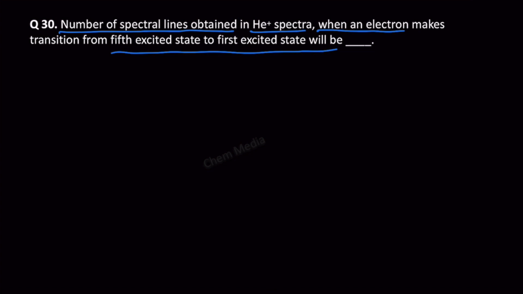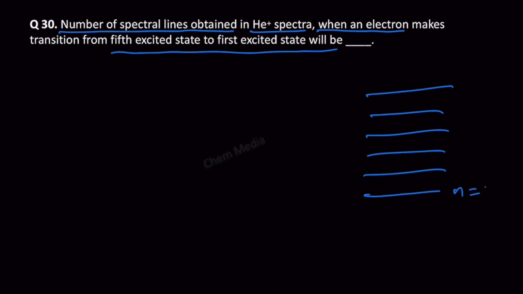The way we should read this question is how many transitions are actually happening between n value equal to 6 to n value equal to 2, because let's say we have several stationary states and we know that for ground state n value is equal to 1, for first excited state n value is equal to 2, and then n equal to 3, 4, 5, 6.